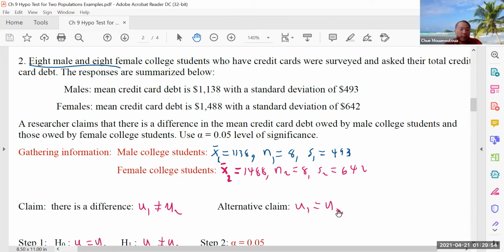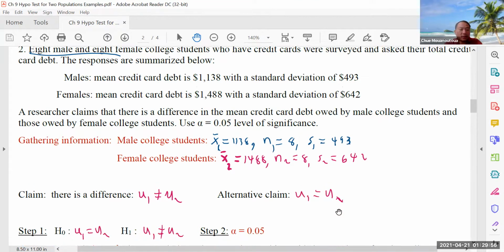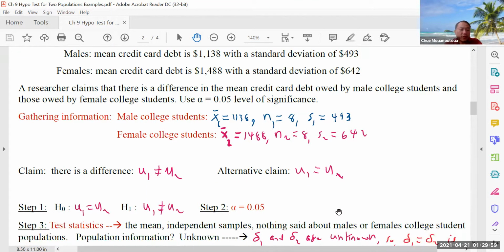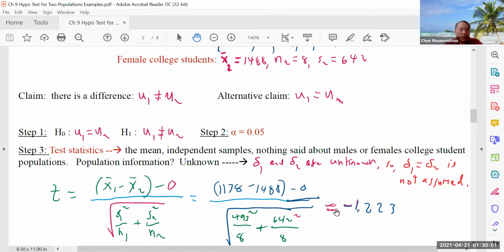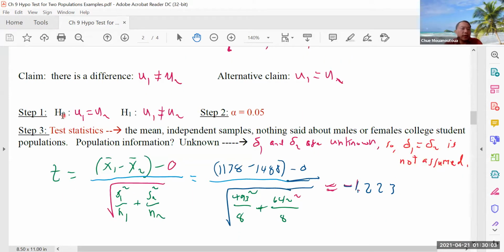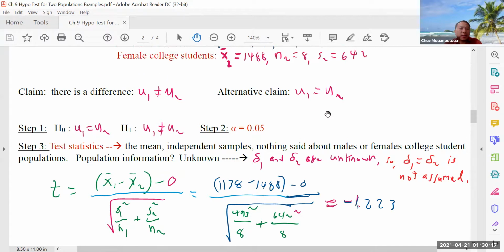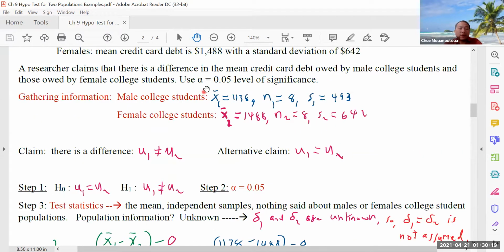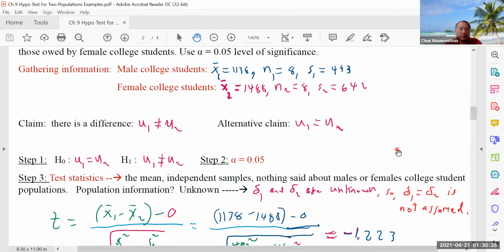So H0: mu1 equals mu2. H1: mu1 is not equal to mu2. That step's easy. Step 2, alpha: I just put 0.05, because we're told to use alpha 0.05 level of significance.